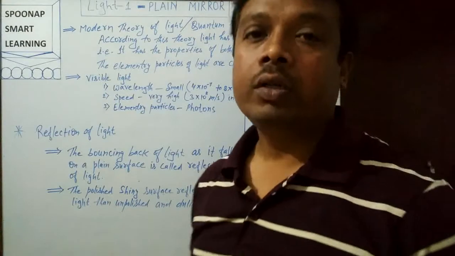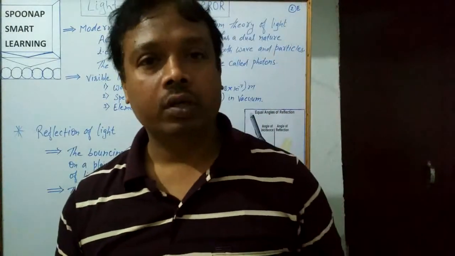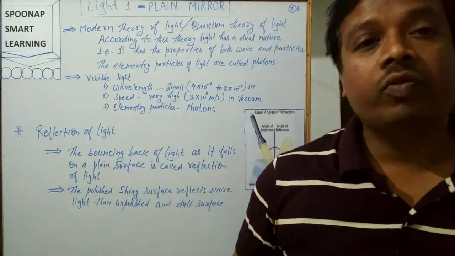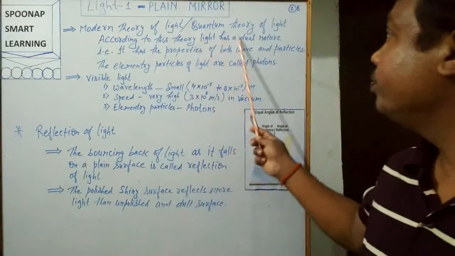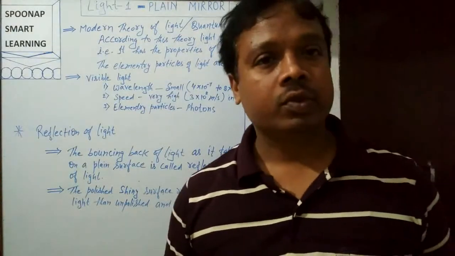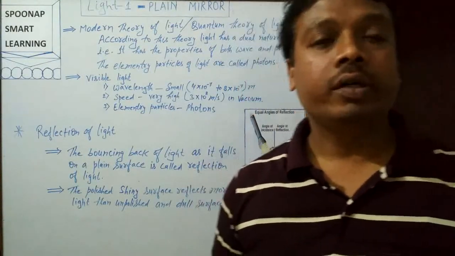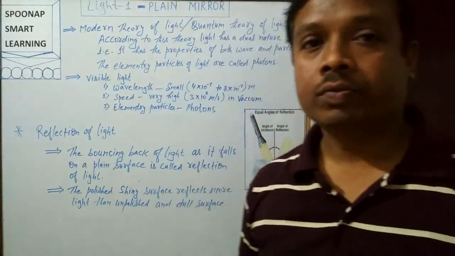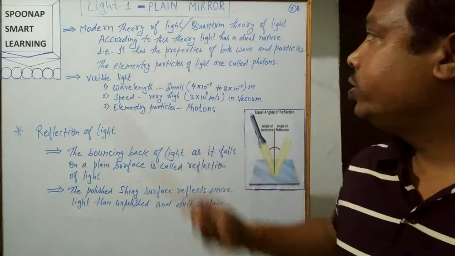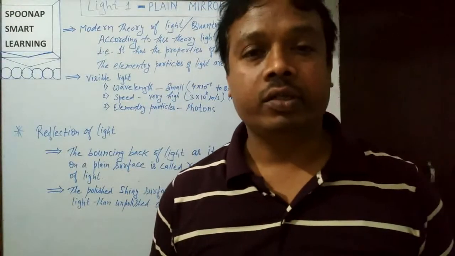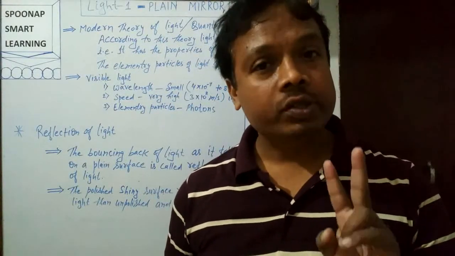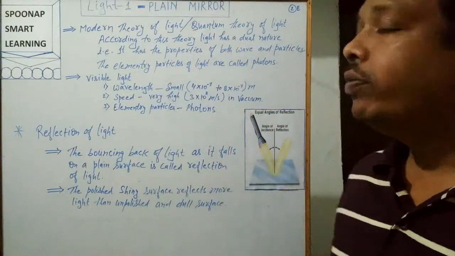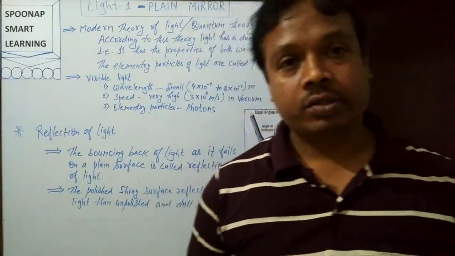Now we will understand the third theory of light. The third theory is also known as modern theory of light or quantum theory of light. Quantum theory of light is the combination of first theory and second theory. According to this theory, light has dual nature. Dual means two. It has the characteristics of wave as well as particles.